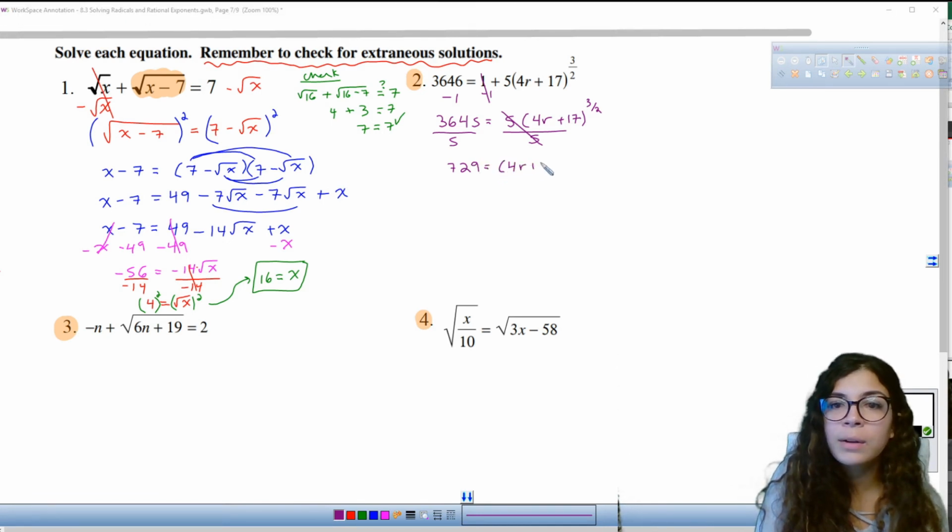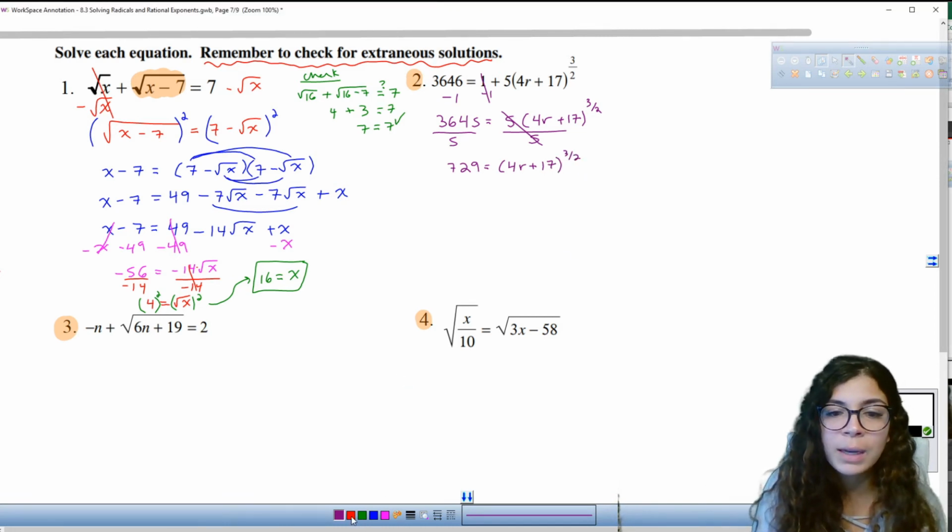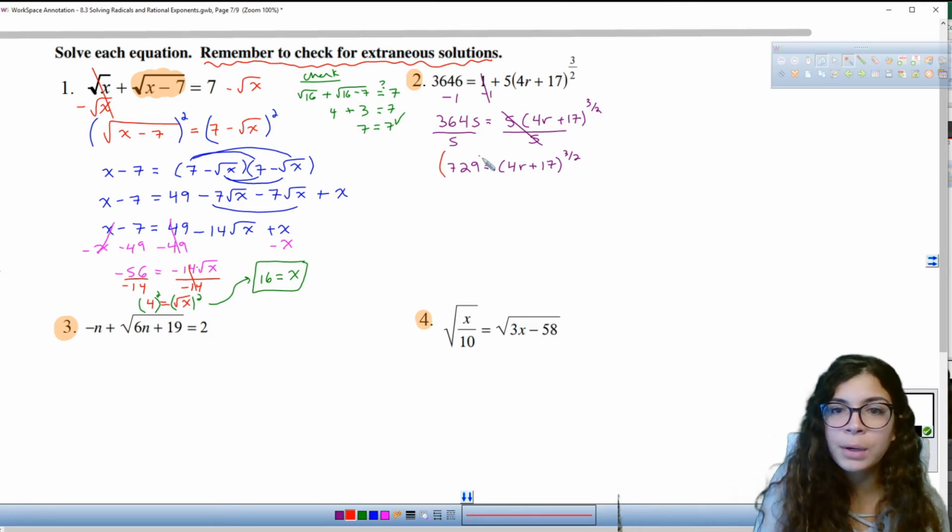And then I need to get rid of that power. So I will raise both sides to the reciprocal power, which would be 2/3. On the right-hand side, power of a power multiplies, so that power would be 1. So we just have 4r plus 17.